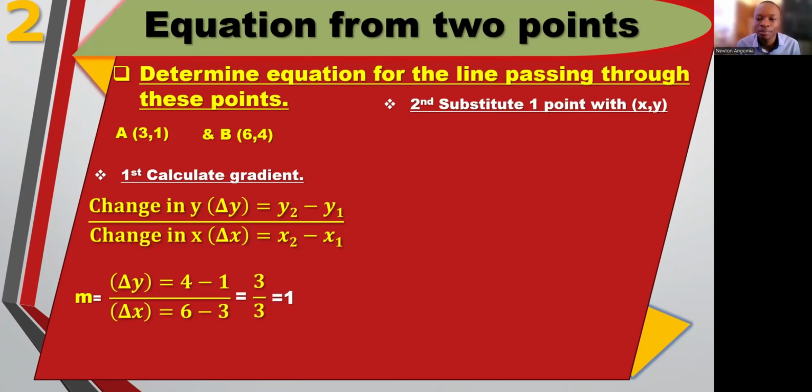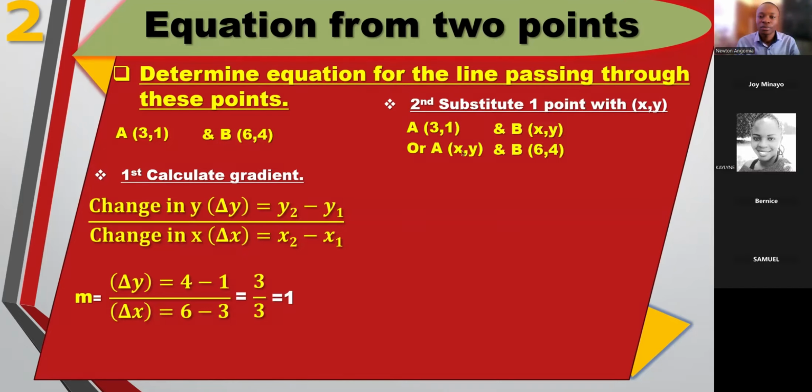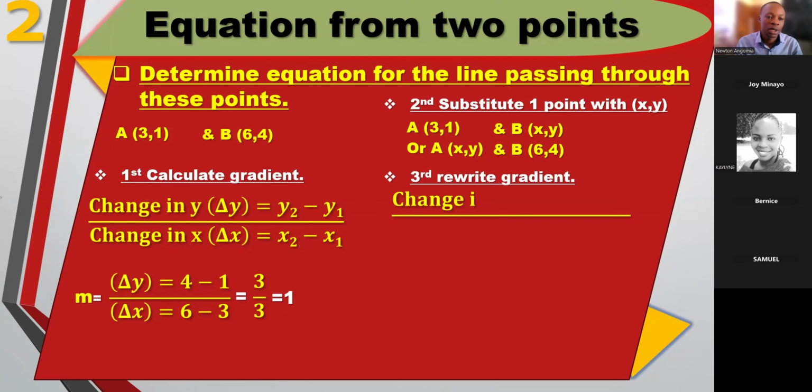The second step in finding the equation of a straight line, after calculating the gradient of a line using those 2 points you had been given, is that you now need to take only one of the points. Let's say you pick A as the point that will help you to calculate the equation.